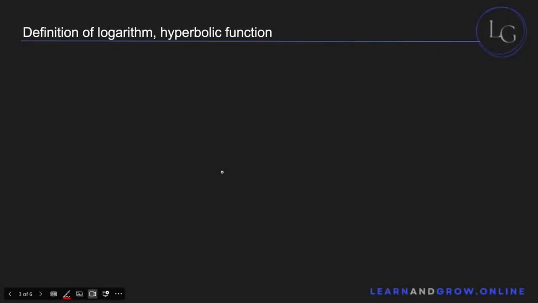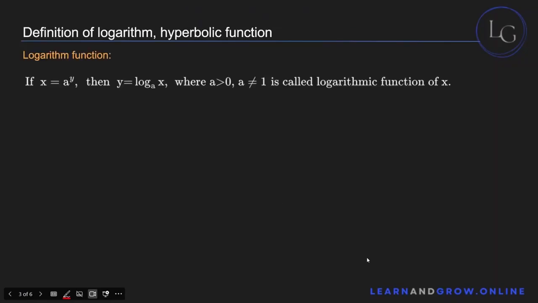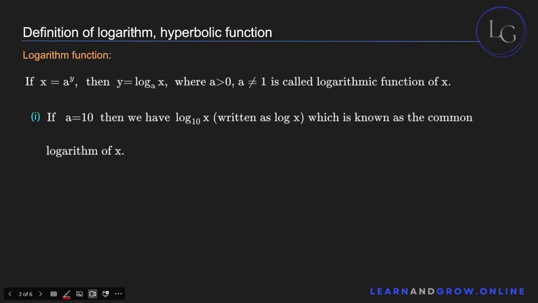Now let's define a logarithmic function and a hyperbolic function. Now, basically, a logarithmic function is another way of writing down an exponential function, right? So if you have this function here, x is equal to a to the power y, right?